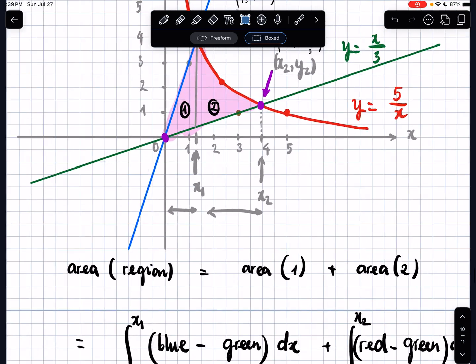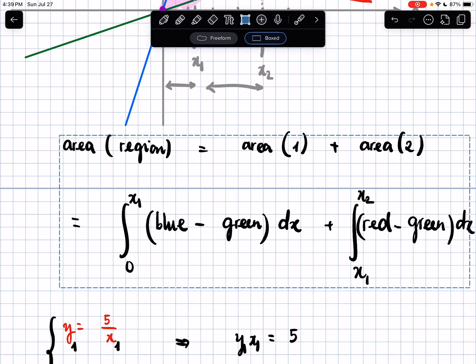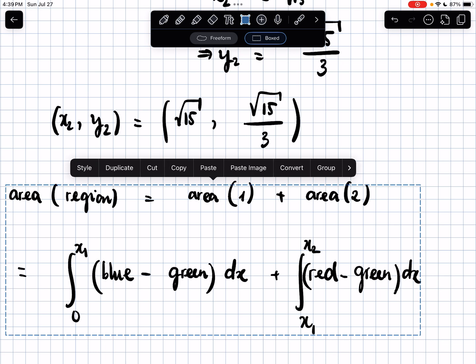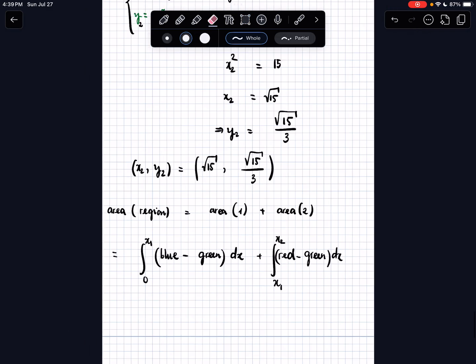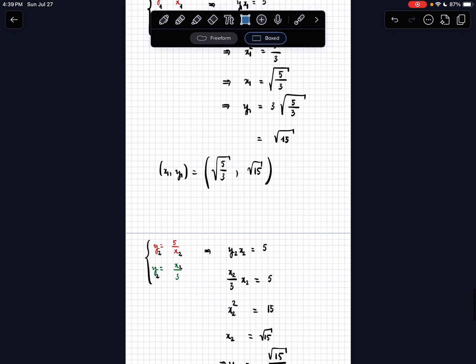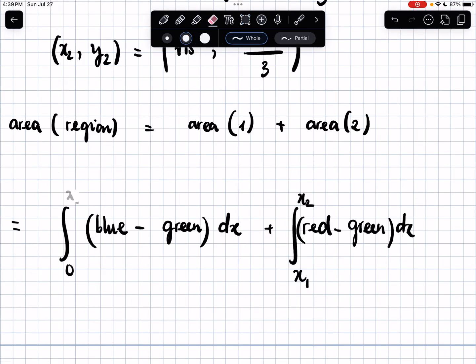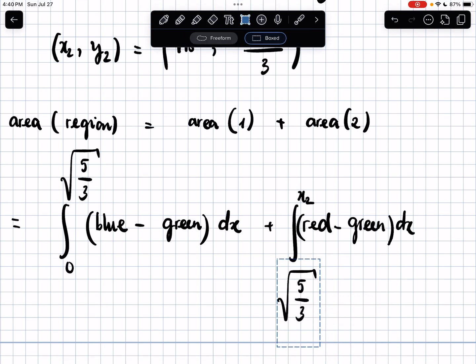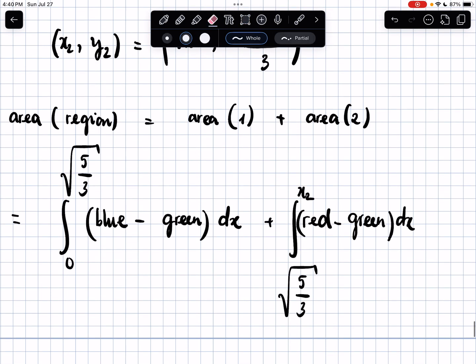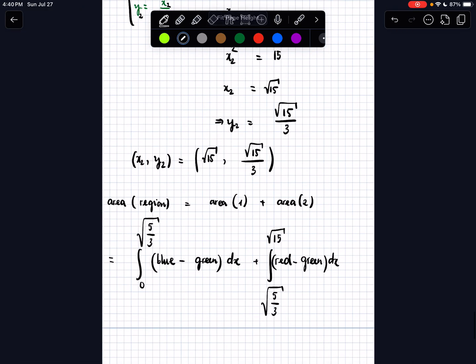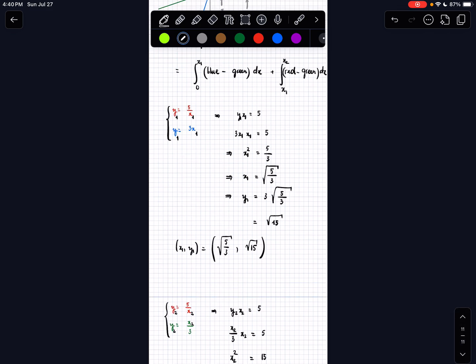So now we can plug in this formula. The area of the region is from 0 to x1, where x1 is square root of 5 divided by 3, and then from x1 to x2, where x2 is square root of 15. The blue curve is y equal to 3x.